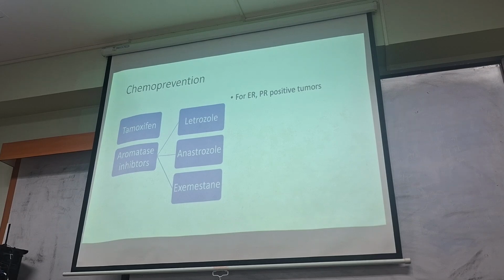So the patient has to take these drugs every day for at least 5 years. Now, aromatase inhibitors are going to be of more benefit to those patients who are postmenopausal. However, postmenopausal patients can also use tamoxifen.